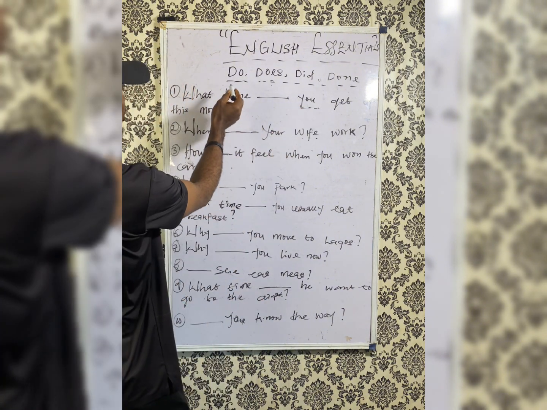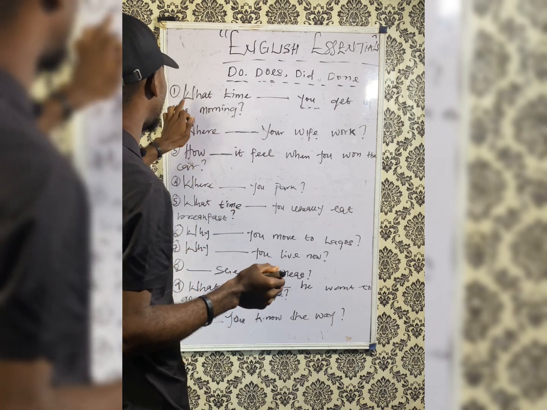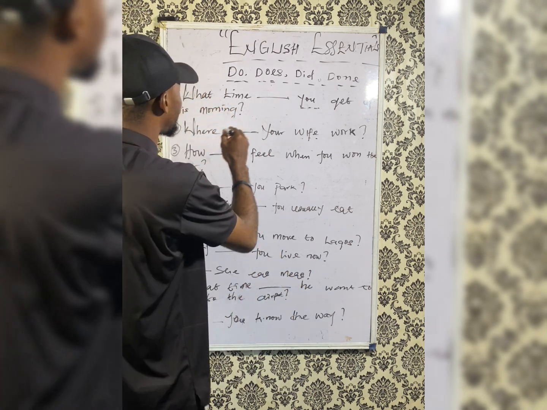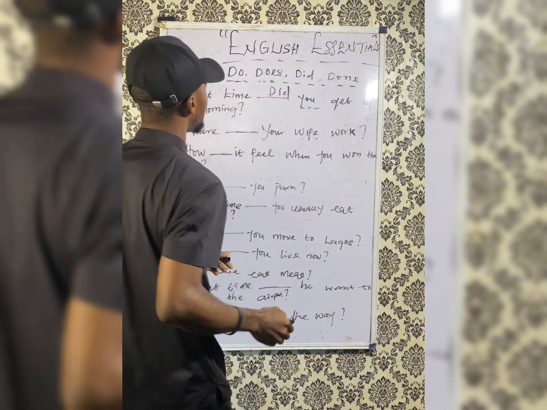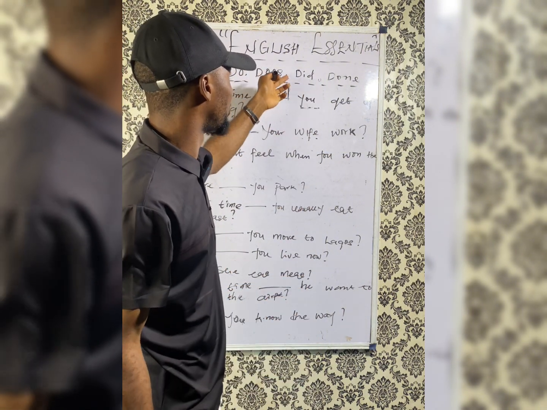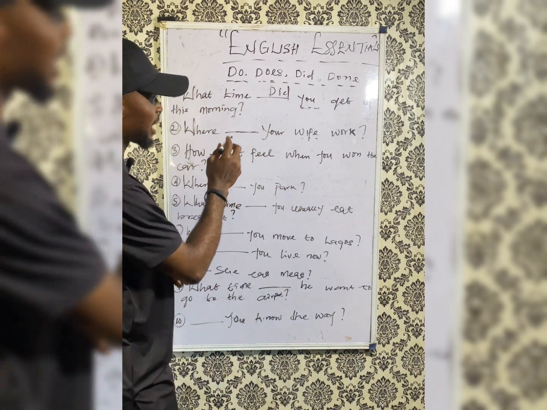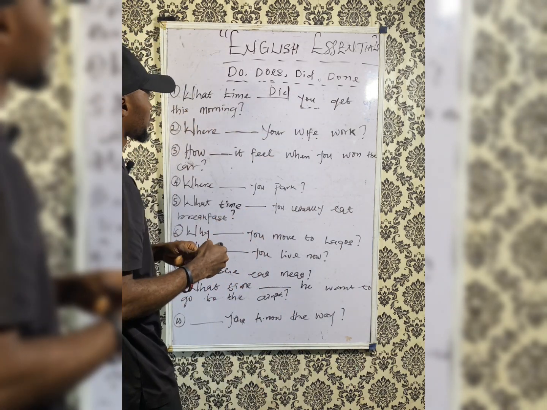And I've told us already that do is plural while does is singular. So here the right answer should be, what time did you get up this morning? Because this is the past tense of do, but it can as well be the past tense of does.